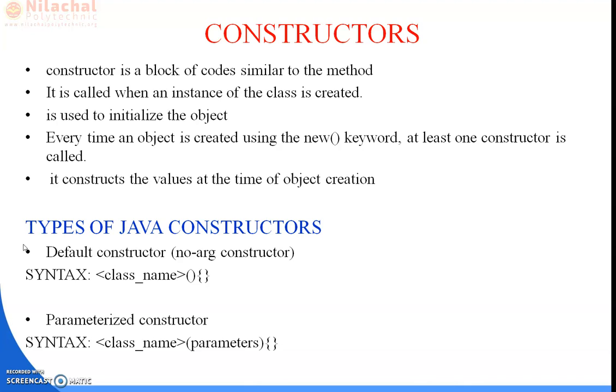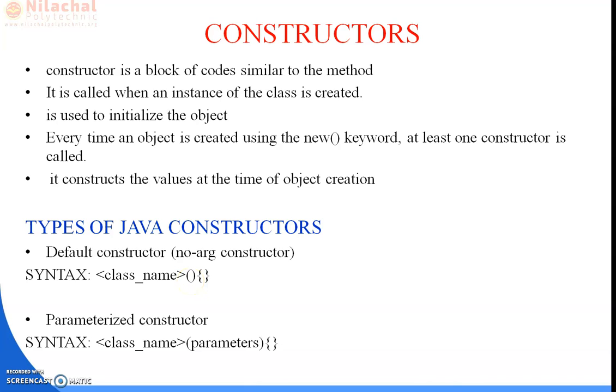What is a Java default constructor? A constructor is called a default constructor when it doesn't have any parameter. As you can see in the syntax as it is written, it is a default constructor which doesn't have any parameters in it.